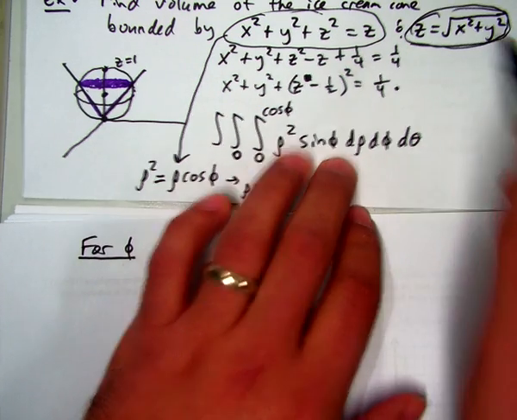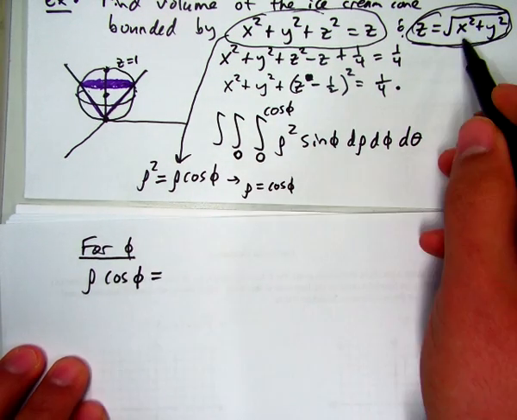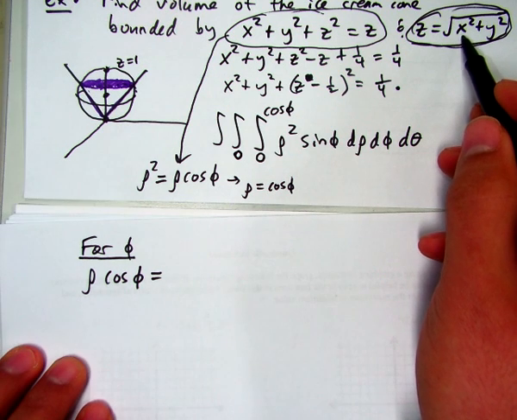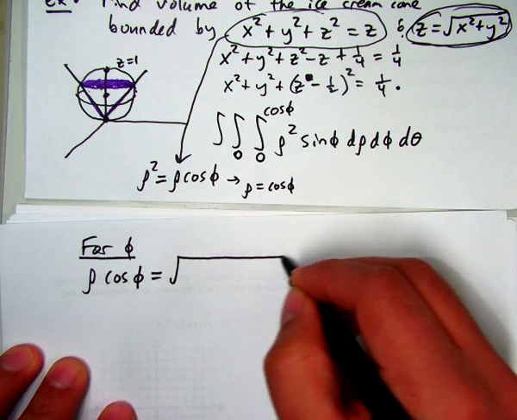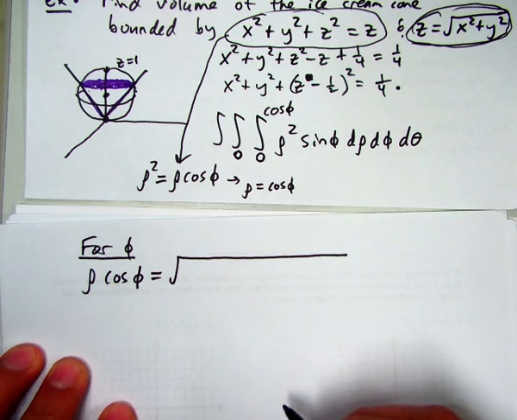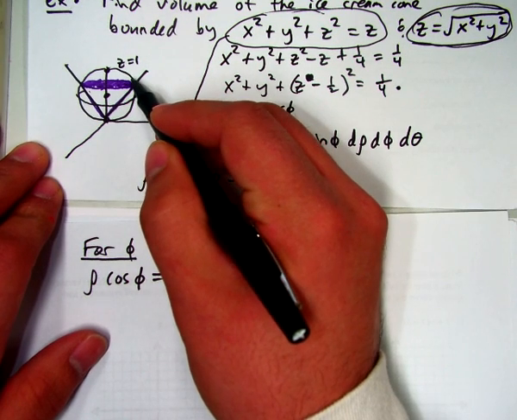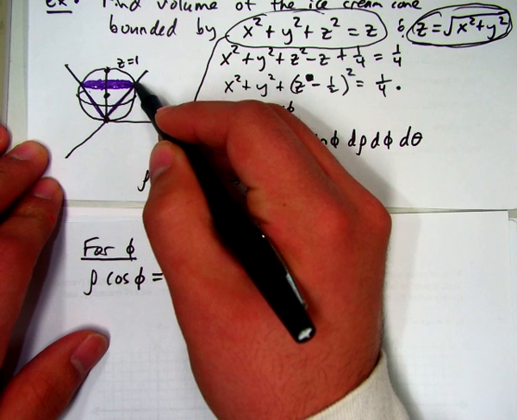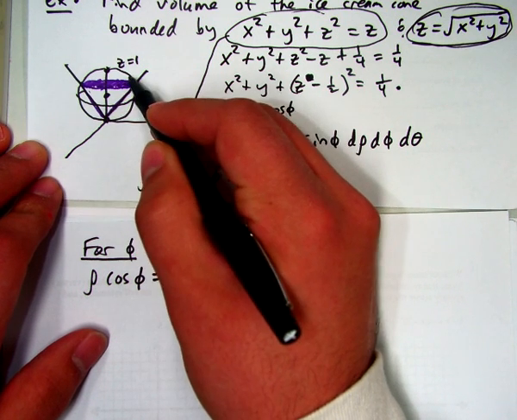Z is rho cosine phi. If we plug in the equations for x and for y, that's going to tell us on this cone exactly what this angle is, because that's what we need to find. The cone is what is restricting this phi from going all the way down any further.